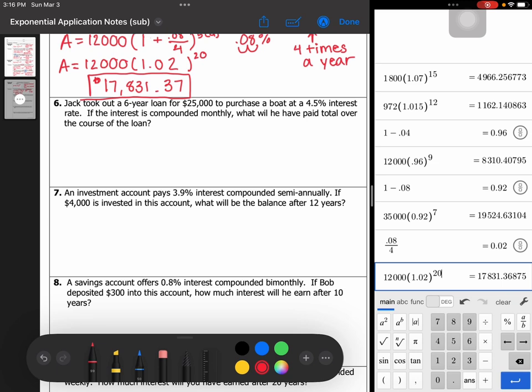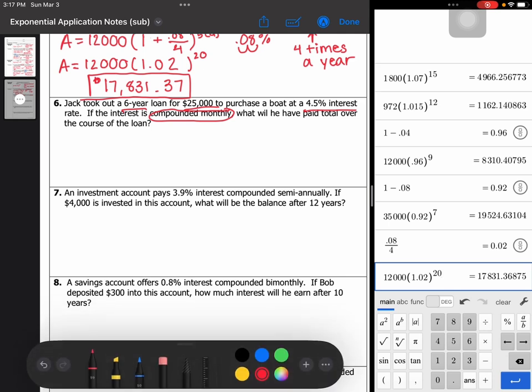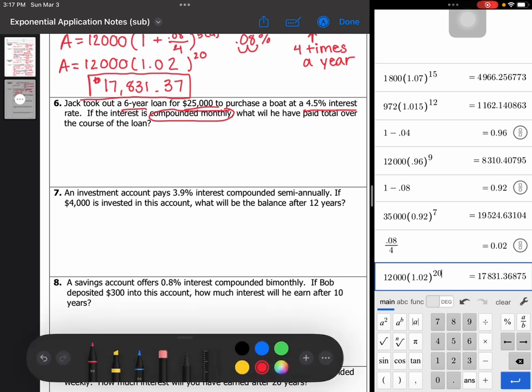Jack took out a 6-year loan for $25,000 to purchase a boat at 4.5% interest. If the interest is compounded monthly, what will he have paid over the course of the loan? So let's go ahead and put in what we know. We know that the principal or the starting amount is $25,000.